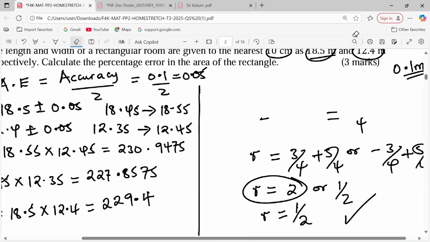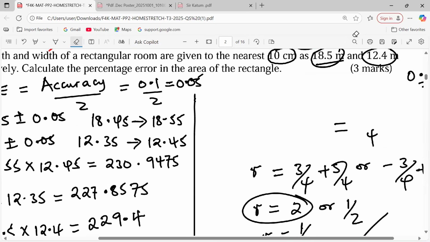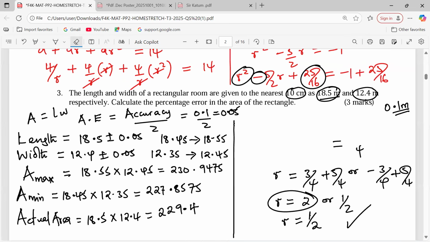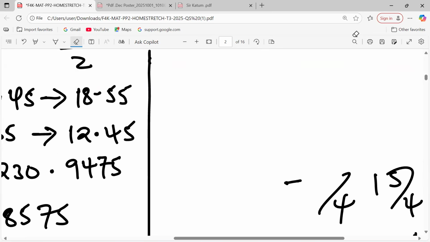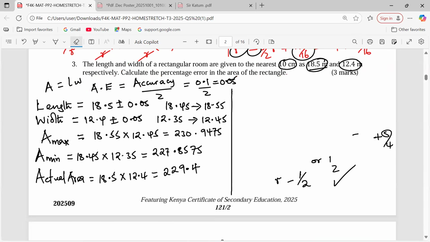Remember, there is absolute error in the recording of dimensions, and there is absolute error in the computation of area. So we identified absolute error in the dimensions, but now we are talking about absolute error in the calculation of this area.